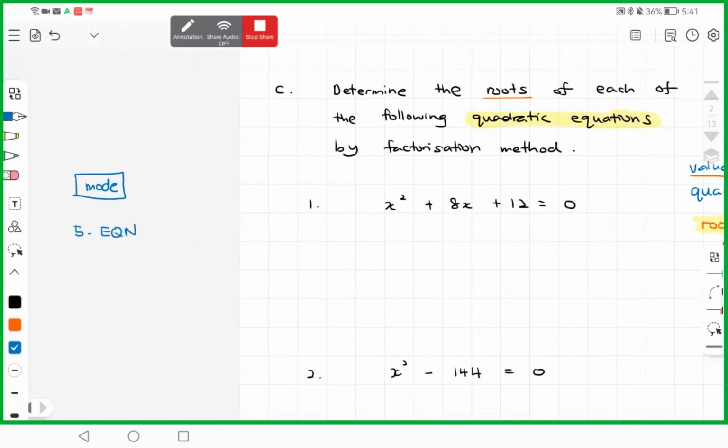So you press EQN. Next, you press the button 3 because it will show you the general form, AX squared plus BX plus C equal to 0. Once you press the button 3, the calculator will show you ABC.